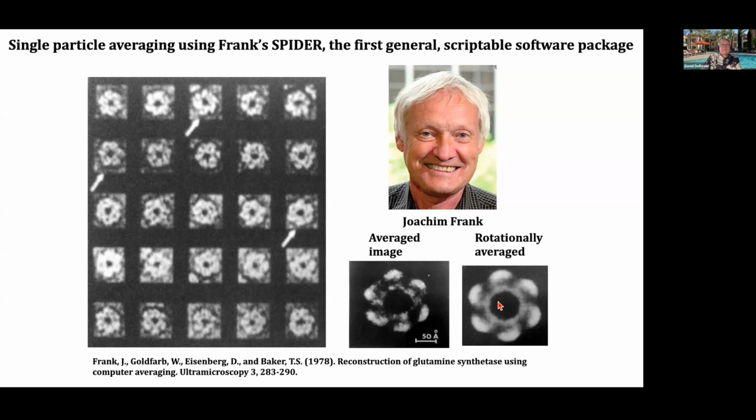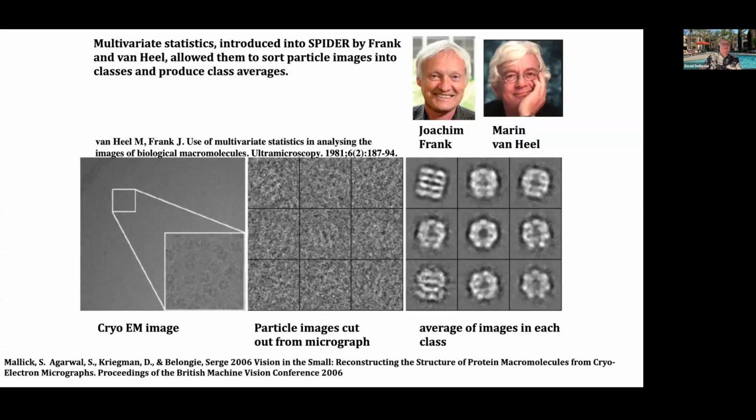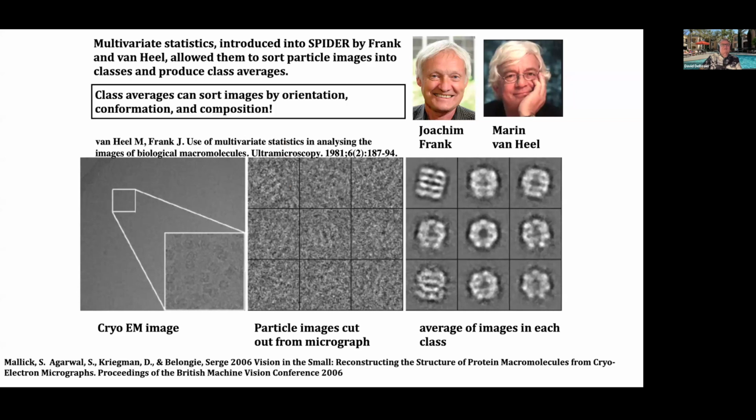Now, this next step is, to me, one of the key steps in single particle work. And that is the introduction of multivariate statistics by Joachim Frank and Marin van Heel. Basically, you can align, and using multivariate statistics, you can classify particles and sort them by orientation, conformation, and composition.